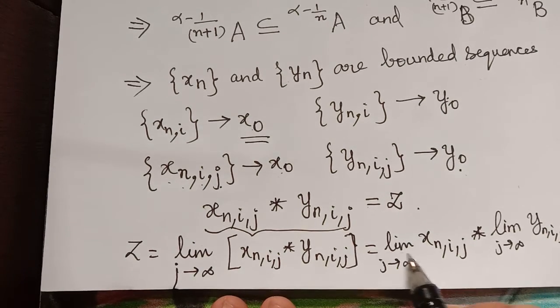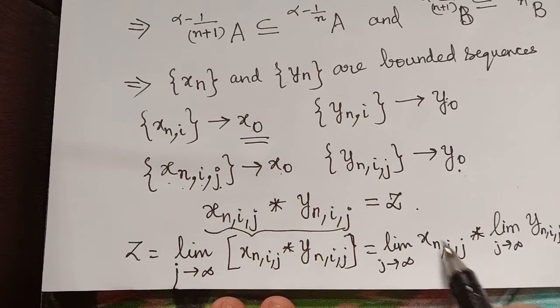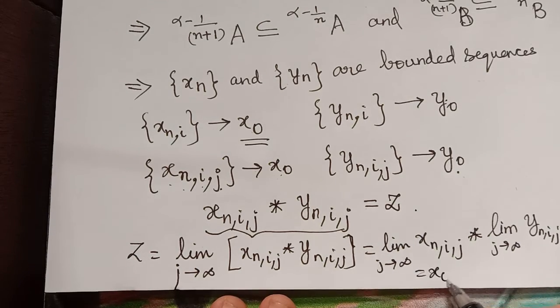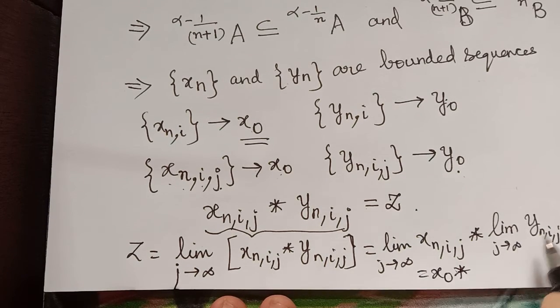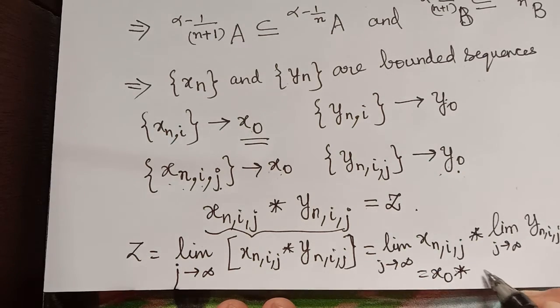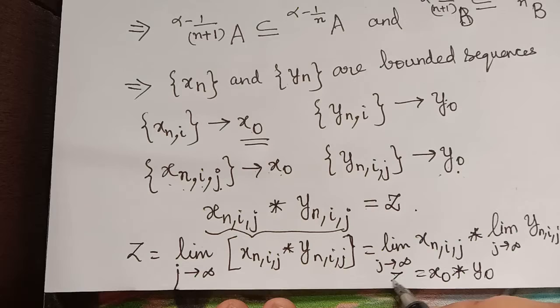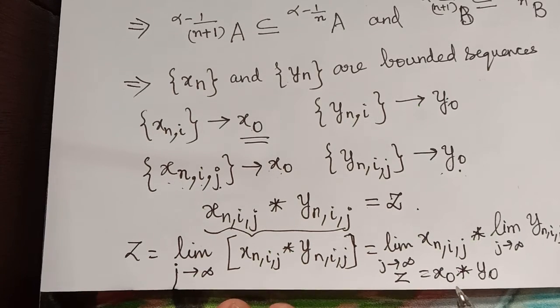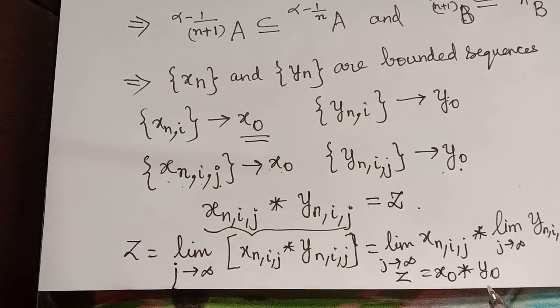Now when we apply the limit, we know that this converges to x0. So this will be equal to x0 star, and this converges to y0. So this will be y0. Therefore from this we have arrived that z is equal to x0 star y0.